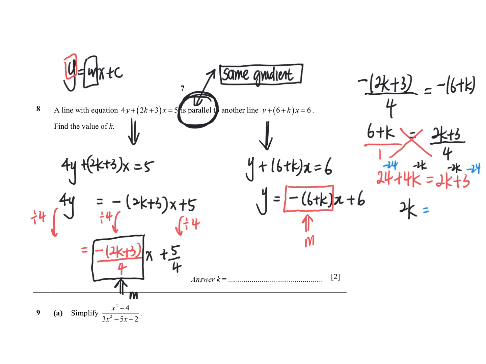So you end up having 3 minus 24, so minus 21. Then k is just minus 10.5. Okay? So the idea is to manipulate both and compare the gradient.